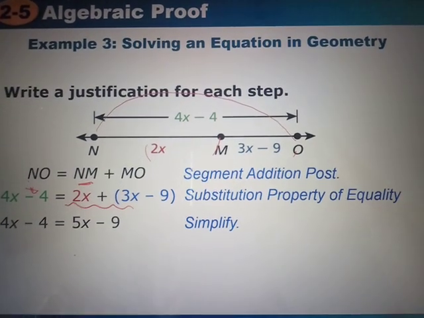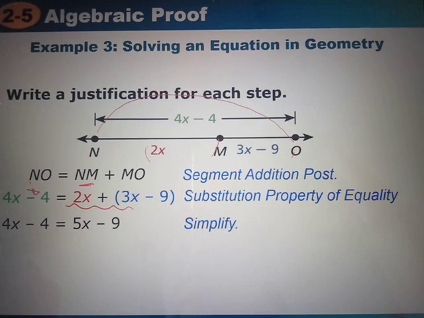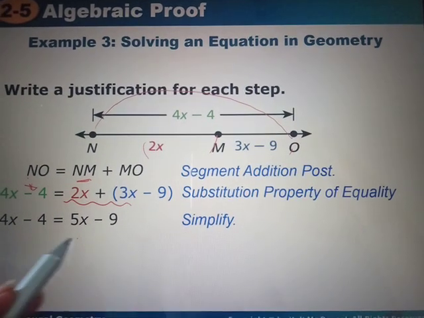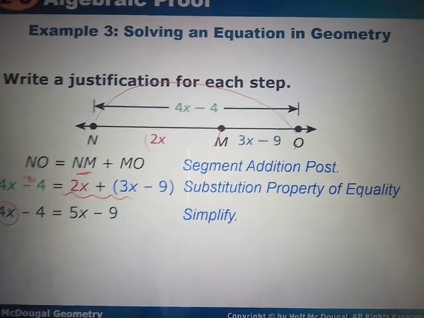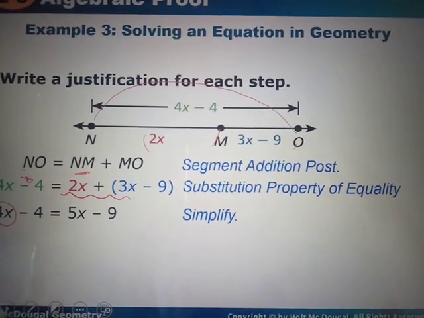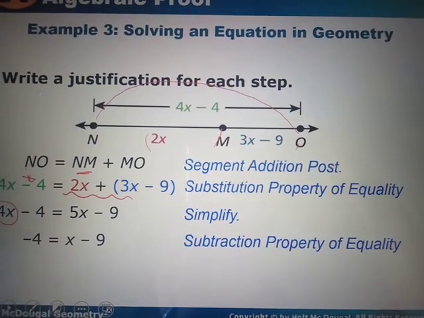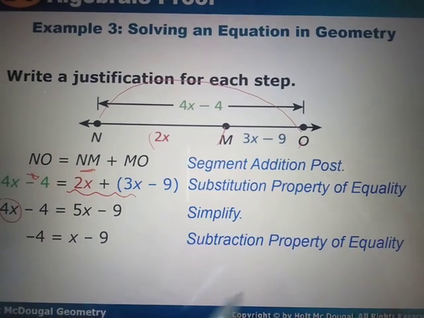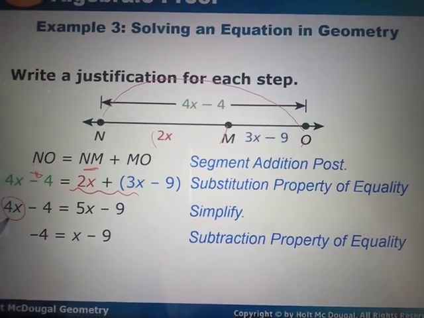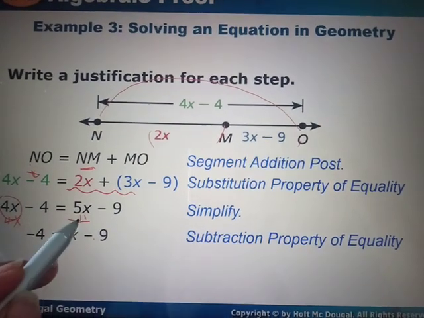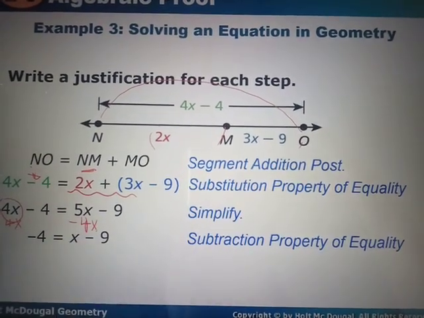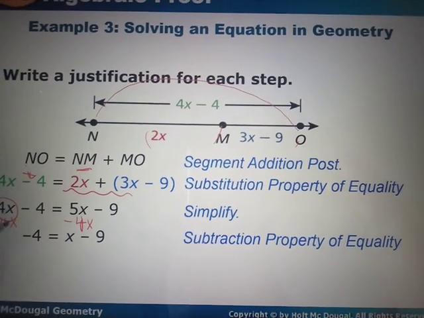What is the meaning of this? I subtracted 4x from here and subtracted 4x from here to get rid of 4x from this side, okay? So 4x minus 4x will be 0.